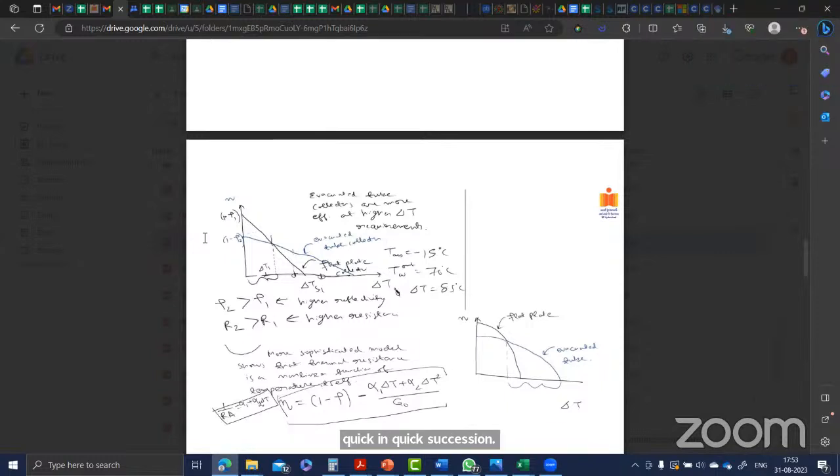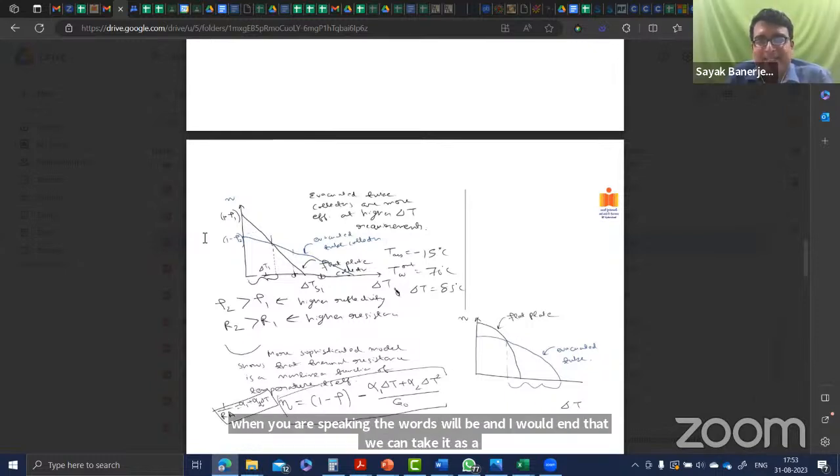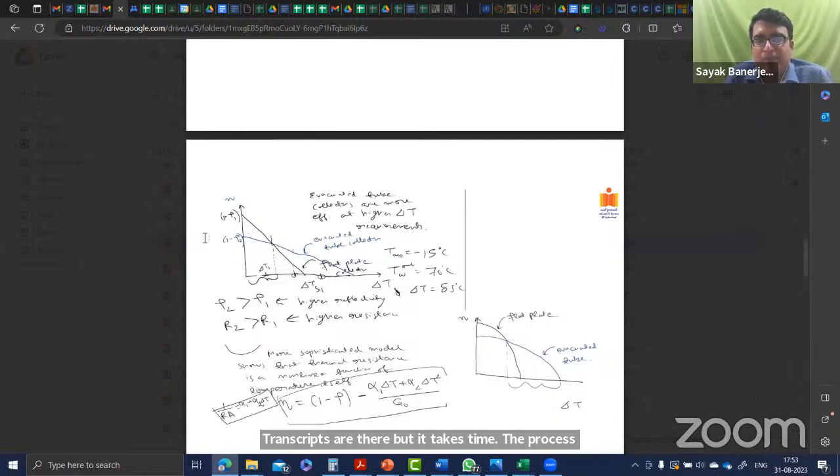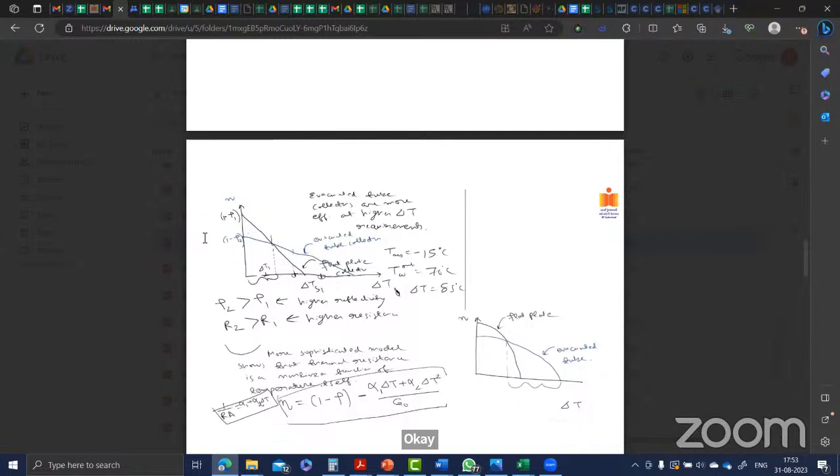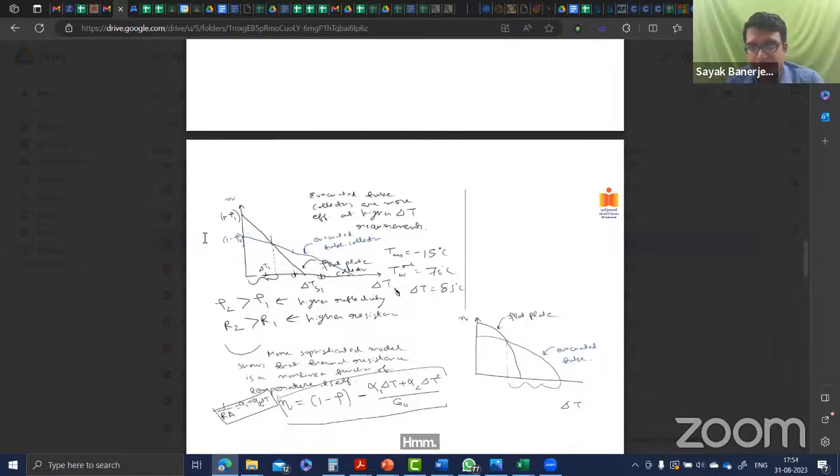Sir, is it possible to enable the transcript? That means when you are speaking, the words will be enabled and we can take it as transcripts. Transcripts are there, but it takes time. The process here is we have to do our own transcripts and get them proofread and corrected. Automatic transcripts are difficult. Because at the end of the day, we cannot go through every video, we cannot spend much time. Whatever you have spoken, we can go through if they are available. Transcripts do not come immediately, so that's the problem.